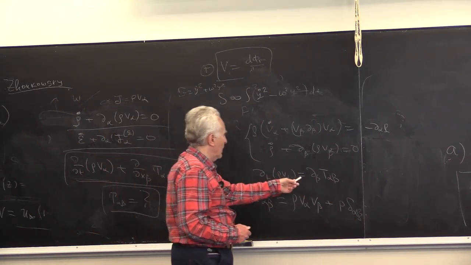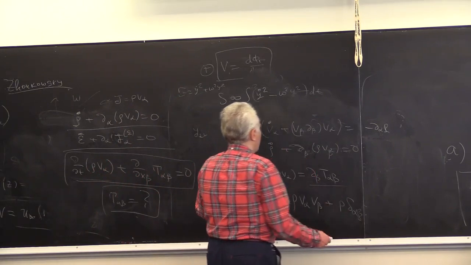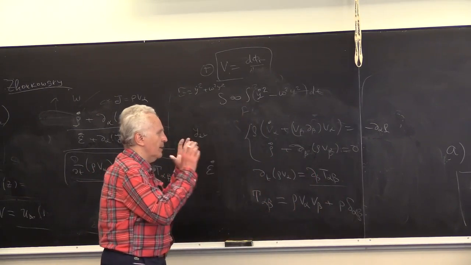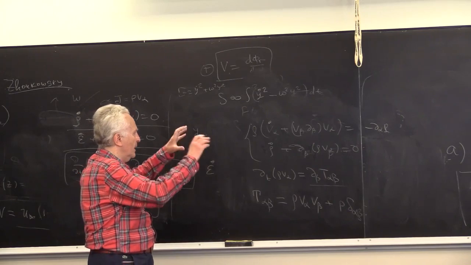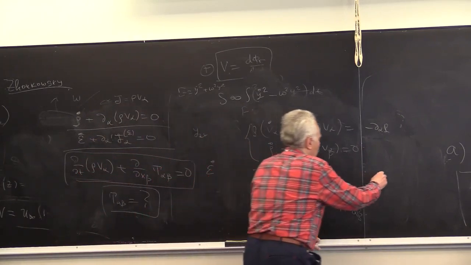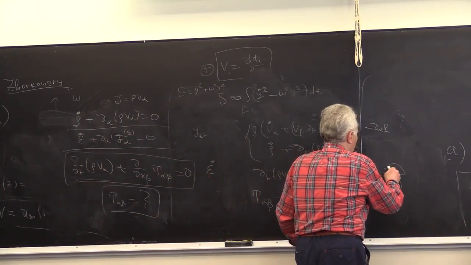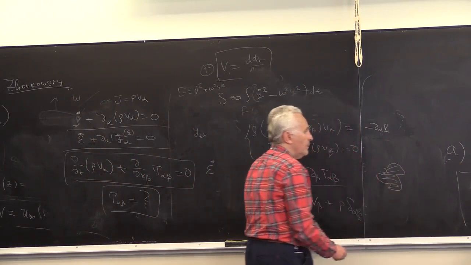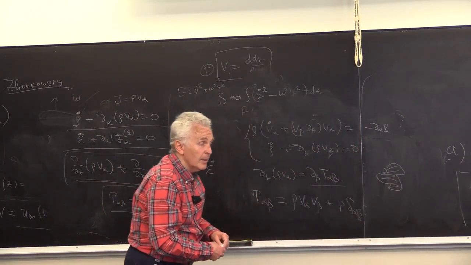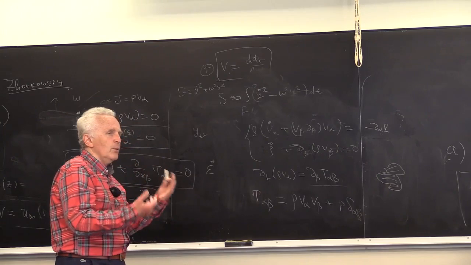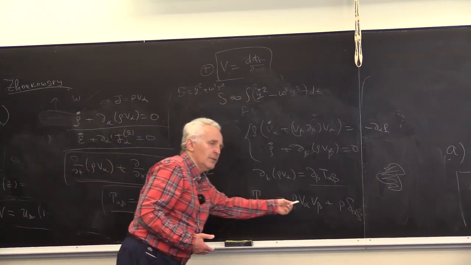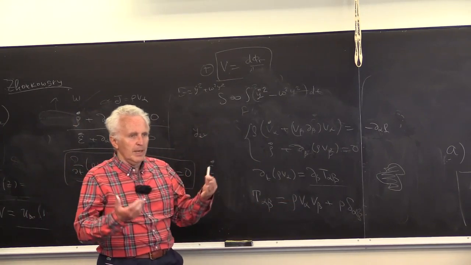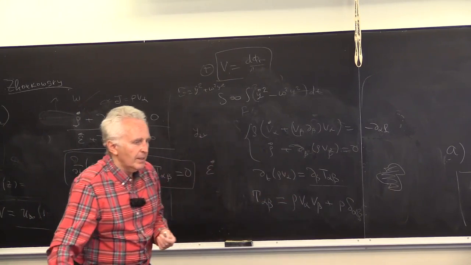You have the momentum in some volume, total momentum, and it changes with time. And it changes with time for two reasons, because there are two terms, and I want you to spell out the reasons.